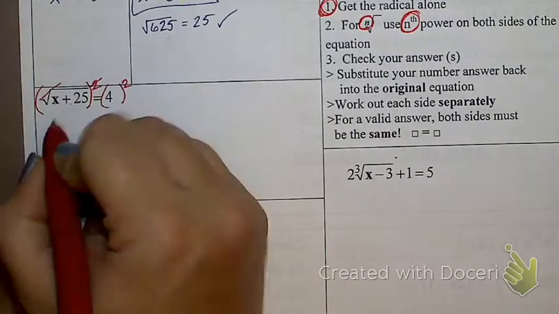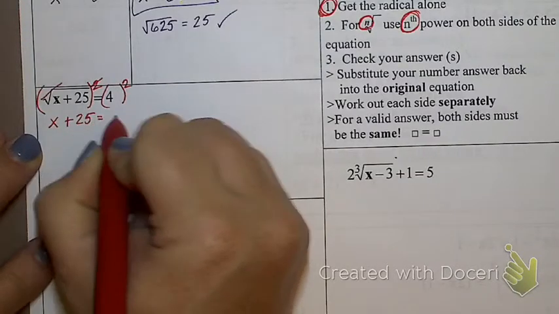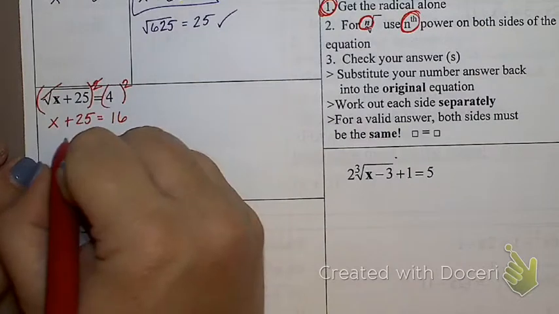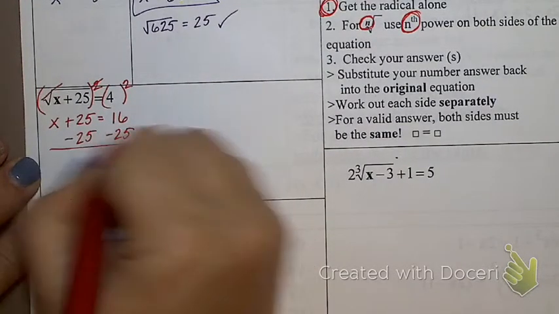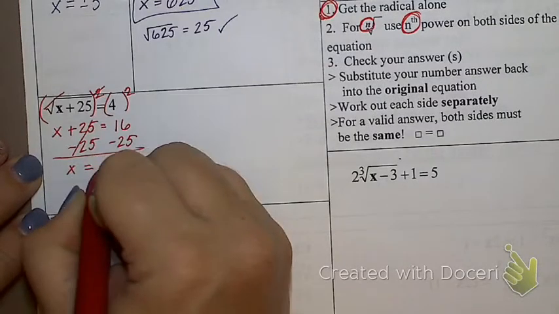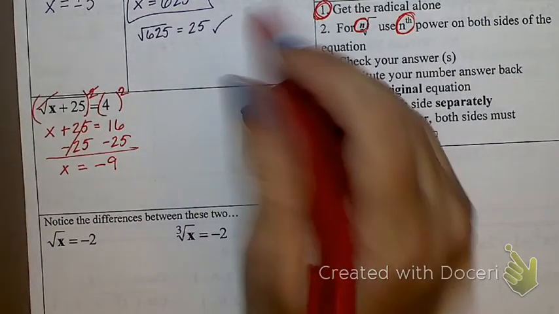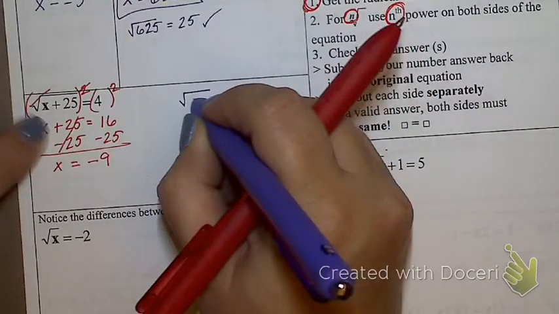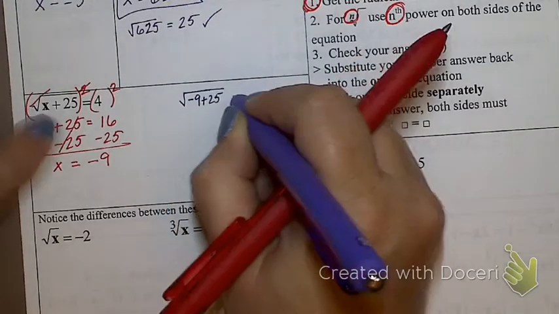So let's see. I now have x plus 25 equals what? 16. That's a pretty easy equation to solve, isn't it? Subtract your 25, and I get x equals negative 9. So if I go back and check my answer, let me check it in a different color here. The square root of negative 9 plus 25, does that equal 4?